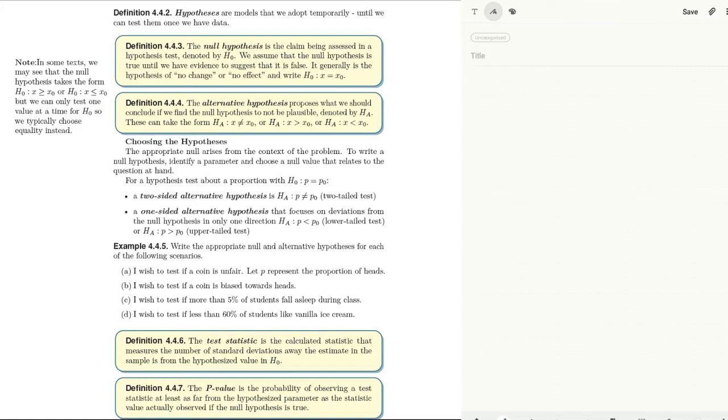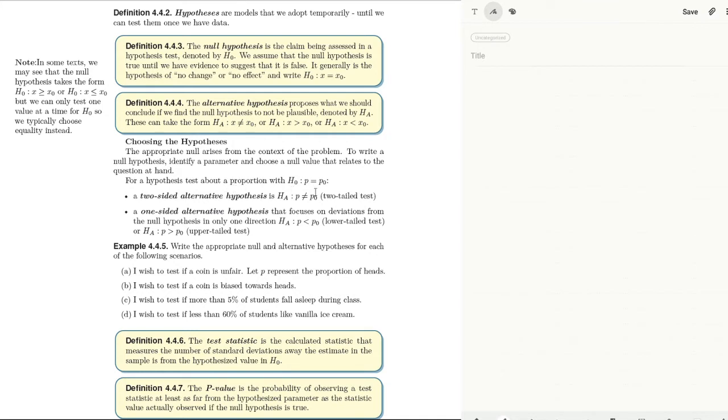For a hypothesis test, the null hypothesis is that the population proportion is equal to some specified value, which we'll call P0. Then the alternative hypothesis can either be a two-sided or a one-sided alternative.